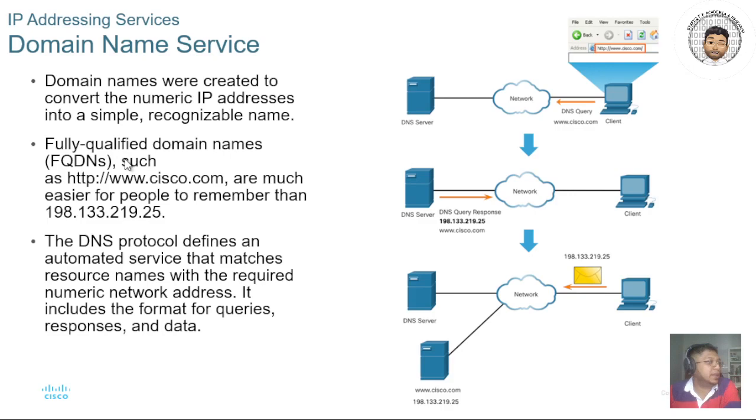Fully qualified domain names, FQDN, such as Cisco.com, are much easier for people to remember than the IP address.